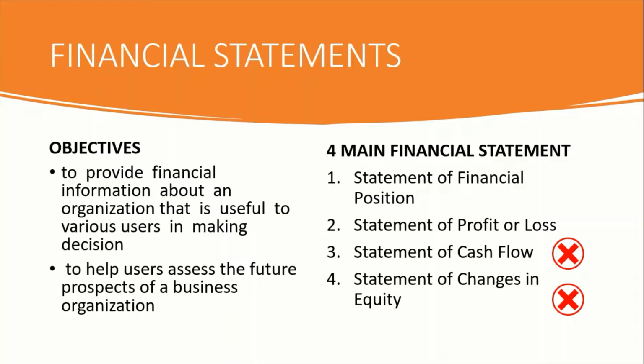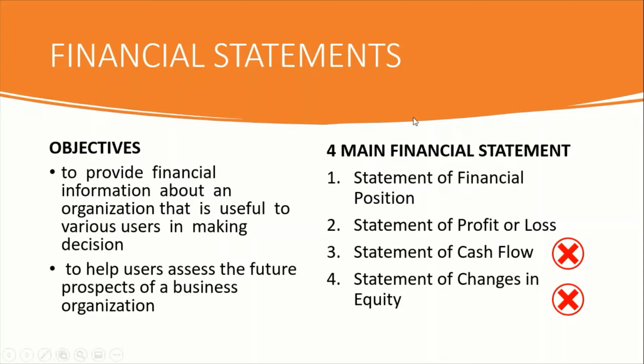The objective of those reports is to provide financial information about an organization that is useful to various users in decision making, to help users assess the future prospects of a business organization. The reports have detailed information for users to predict and understand events and transactions that happen in a business.